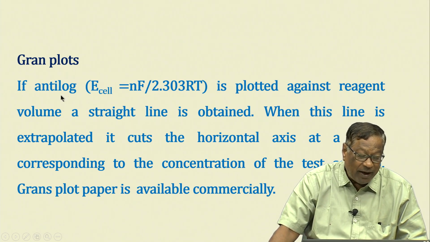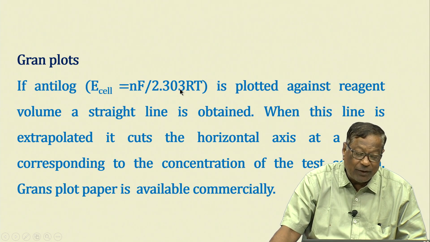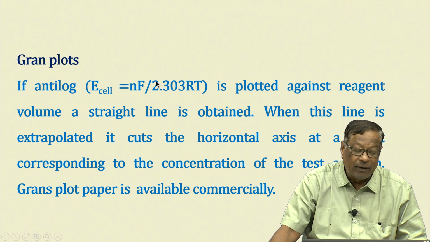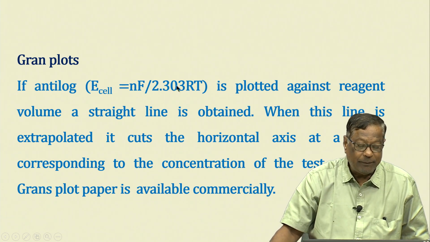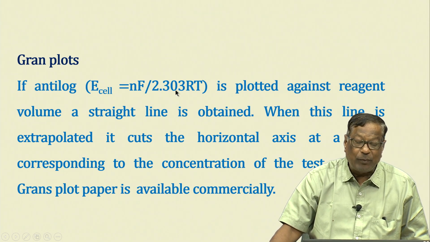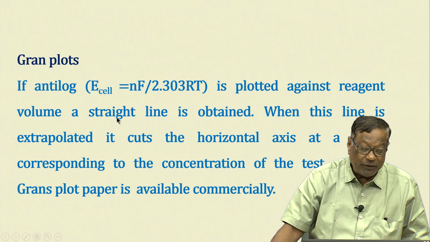But if the anti-log of this quantity, nF divided by 2.303 RT, that is 1 over RT by nF, is plotted against reagent volume, we should get a straight line.